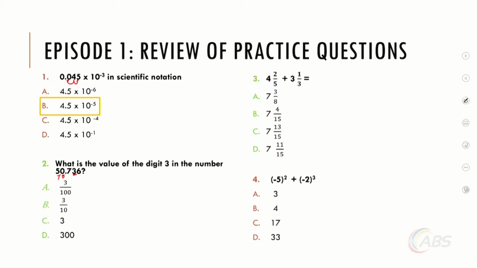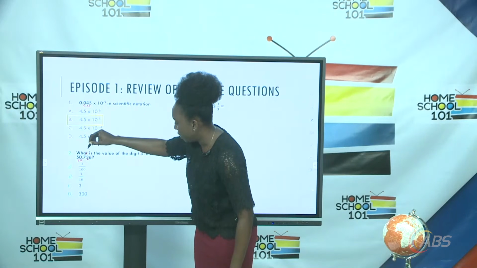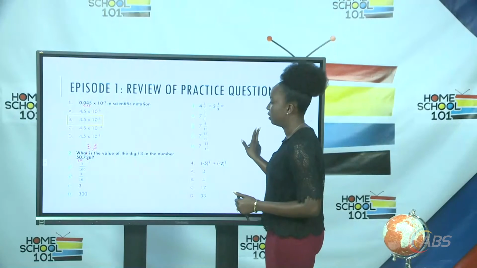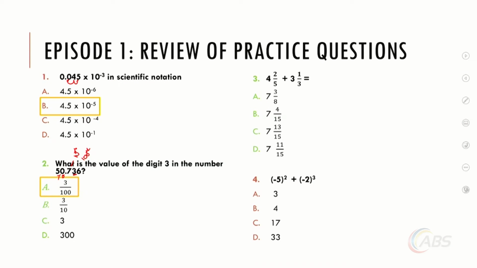But when we count and name our places after the decimal point, we start talking about a 10th power. So that 7 would be in the tenths place, and this one is going to be our hundredths place. Because it's our hundredths place, that tells us that our answer is A, which is 3/100.